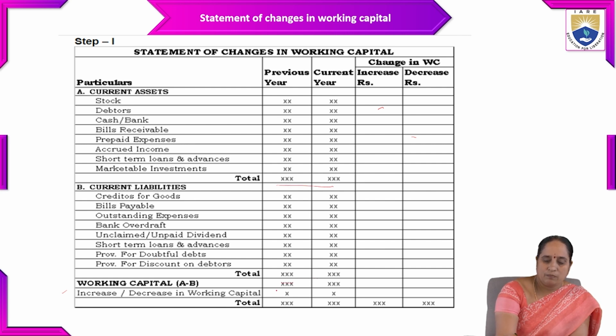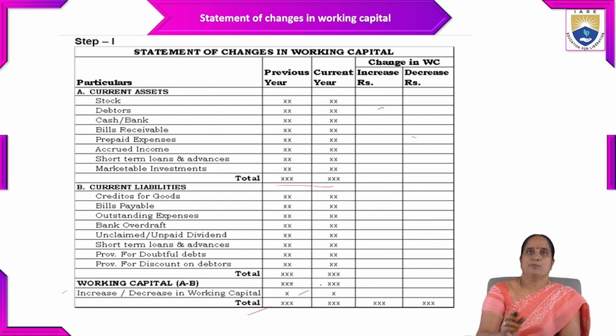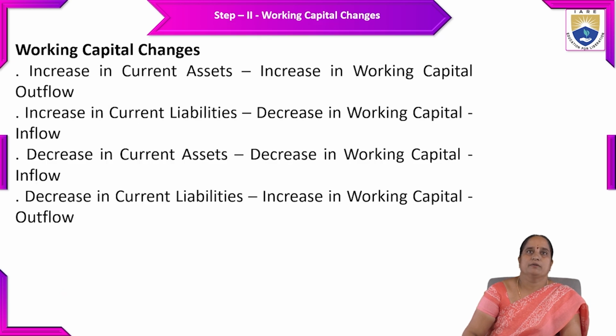By subtracting liabilities from assets, we find the working capital in the previous year and the current year. Then we make out either a decrease or an increase in working capital. So this is the proforma of the statement of changes in working capital.